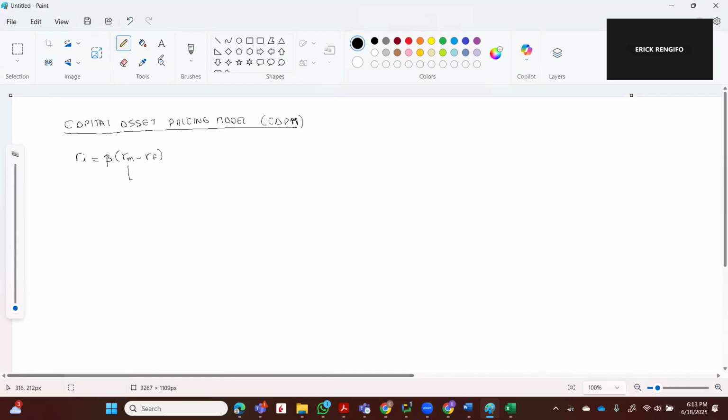So this is market return. This one here is the risk-free. And as soon as I'm using the risk-free, I need to do something here. This is the equation. So how do we call RM minus RF? This is what is called the risk premium.